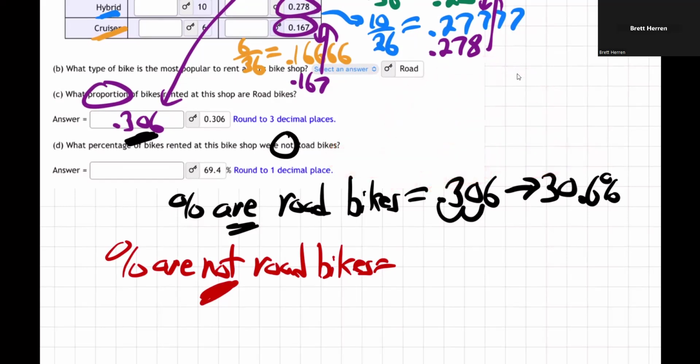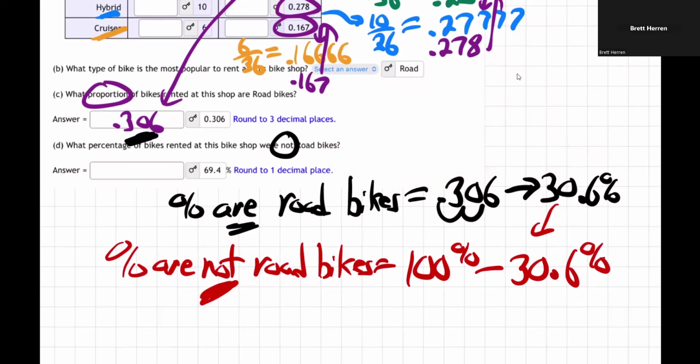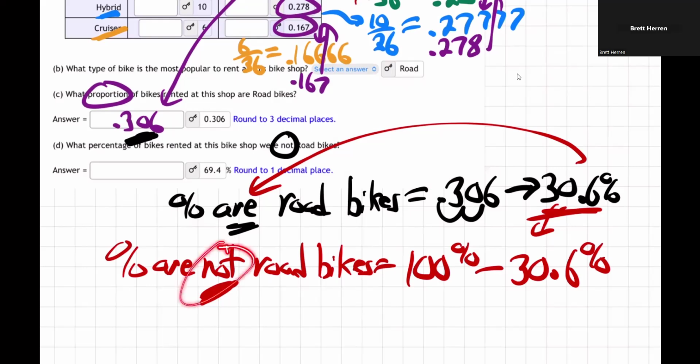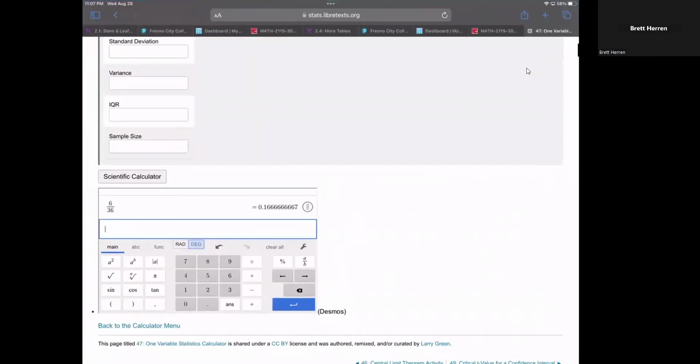So when they say percent that are not road bikes, we've got to take 100% minus the 30.6%, because 30.6 is the percent that are road bikes. So go to your calculator, 100 minus 30.6.